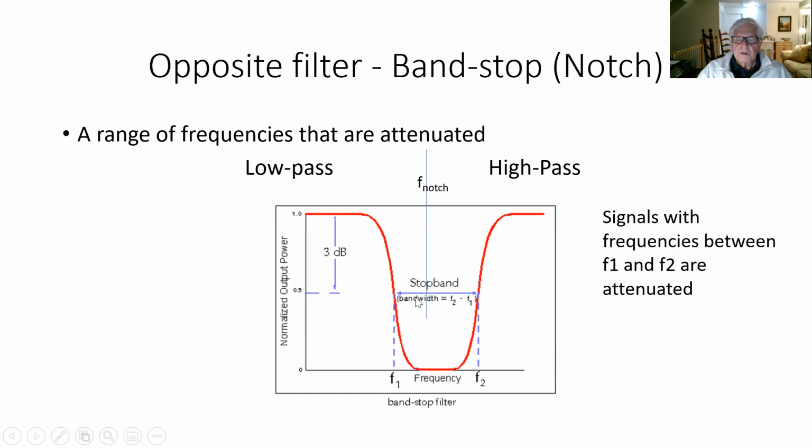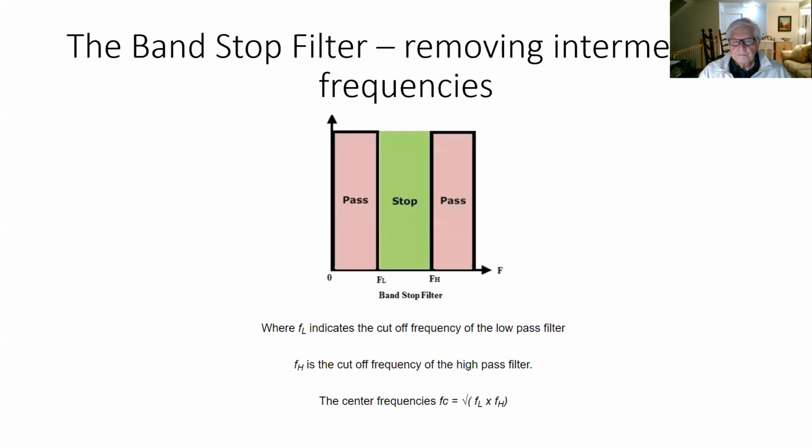Or its amplitude is so low that it just doesn't affect anything. So again, to take a look at it, we pass low frequencies and we pass high frequencies, but we stop those mid-range frequencies.